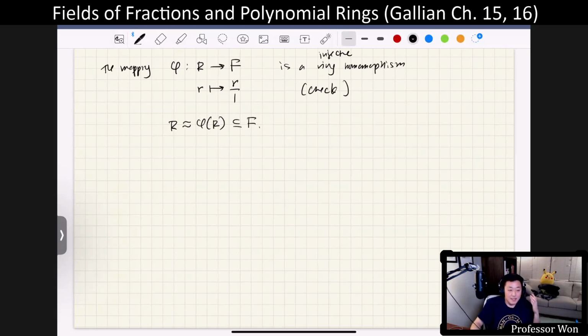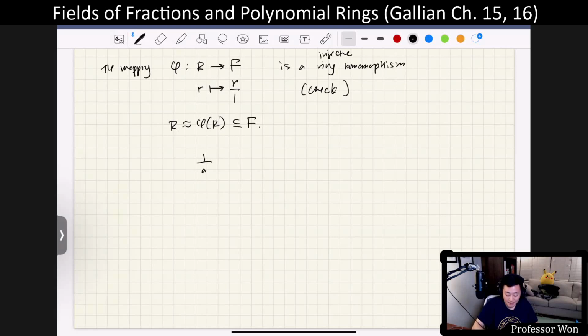Any field that contains R as a subring at least needs to contain every inverse of elements of R, and therefore also needs to contain all sums of the inverses of the elements of R. And it can be shown, I'm not going to show it, I'm not going to assign it as an exercise, that basically that means that the inverses of R have to add just like fractions do, right?